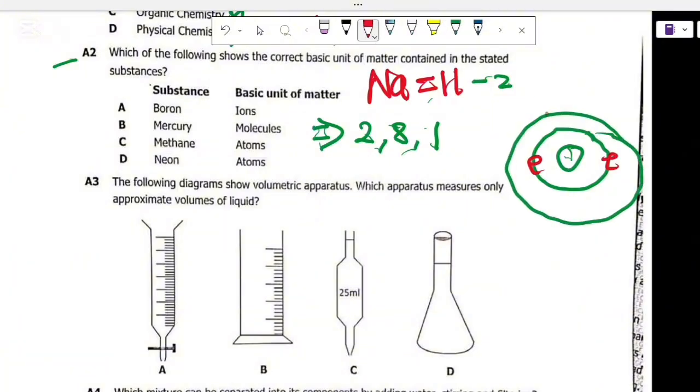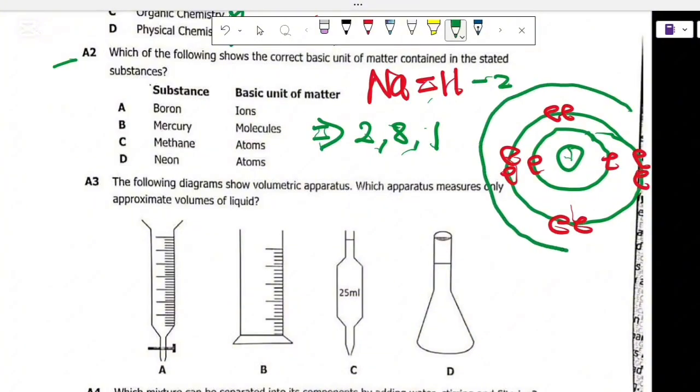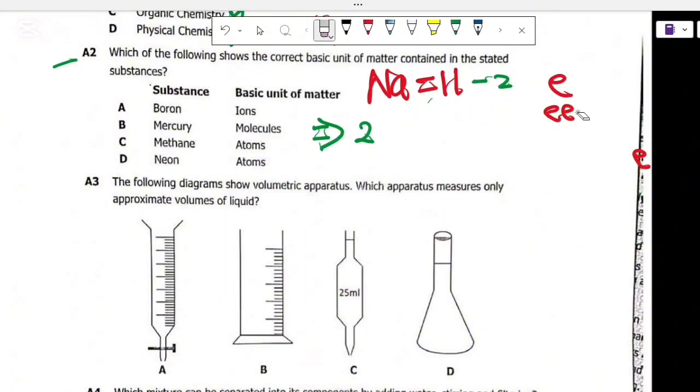And then since you are remaining with 1 more, then you have to add another shell. So it is going to have 3 shells. And you just put that electron alone in that shell. That is the atomic structure of sodium. So you can try more for the electron configuration before we talk about ions so that we deal with this question.